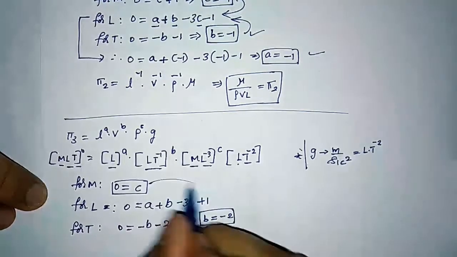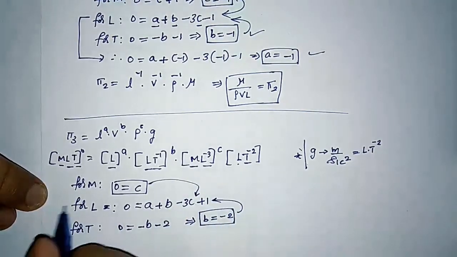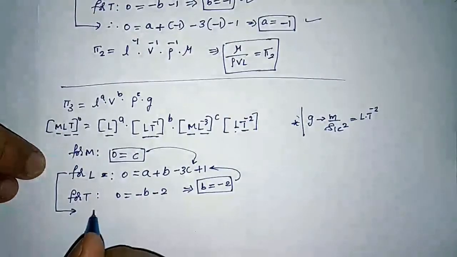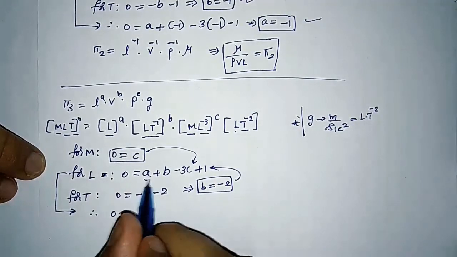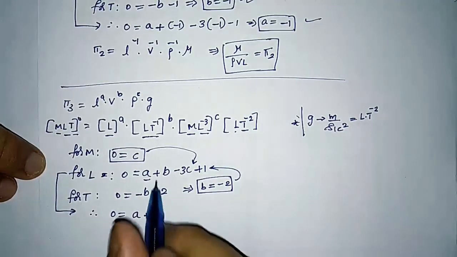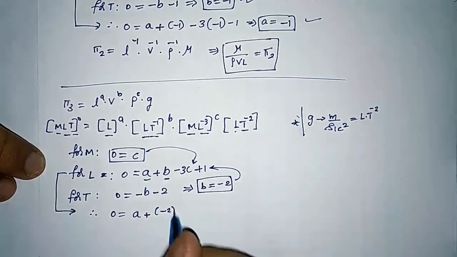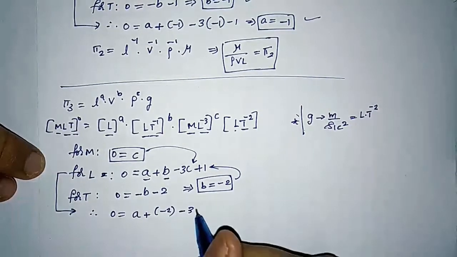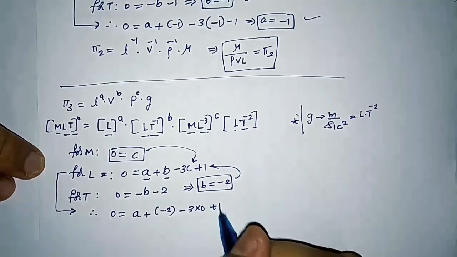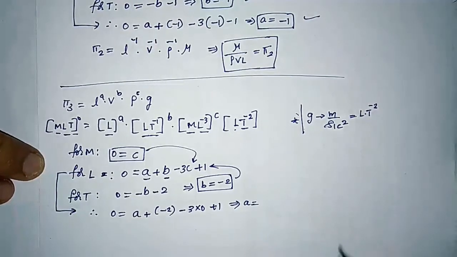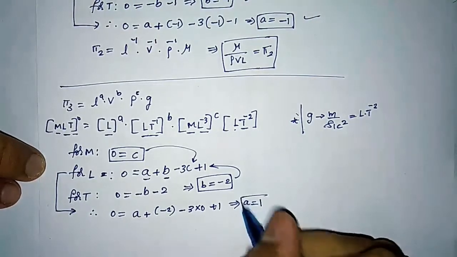So substitute C and B values in the second equation L. Therefore 0 is equal to A minus 2. Instead of B, substitute minus 2, minus 3 into 0 plus 1. So A is equal to 1.